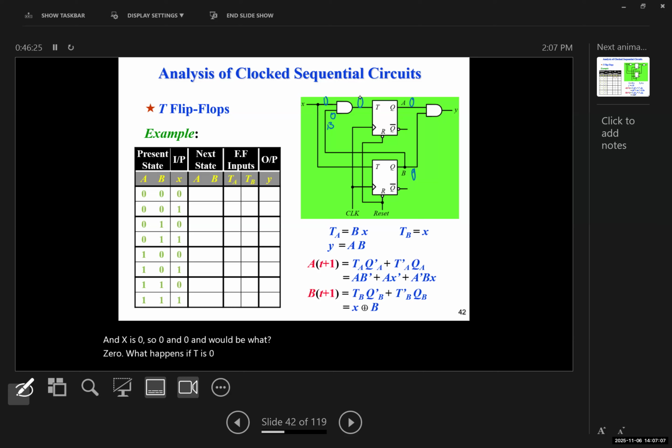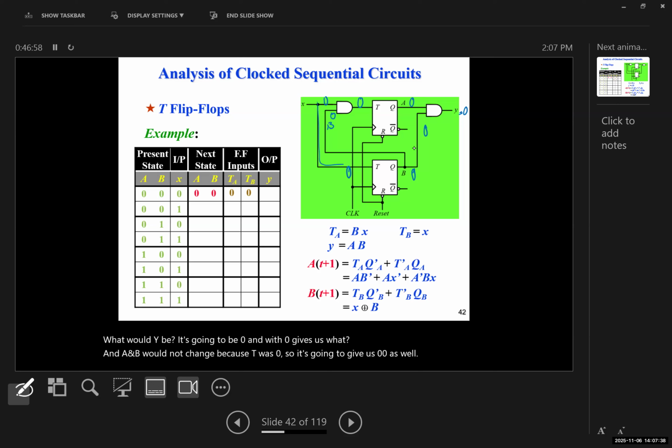What happens to the output? It will remain the same. And what is TB here? That is also connected to X, so it's 0, so it's going to remain the same. So both of them, TA and TB, would be 0, 0. What would Y be? It's going to be 0 and with 0 gives us what? 0. And A and B would not change because T was 0, so it's going to give us 0, 0 as well.